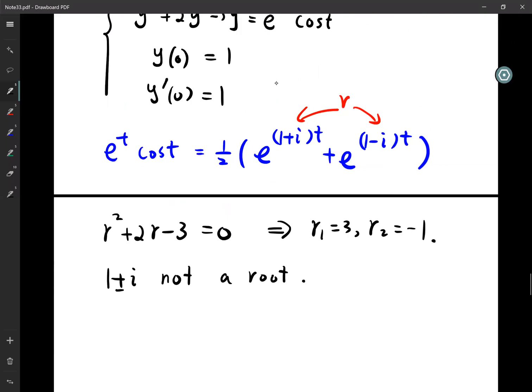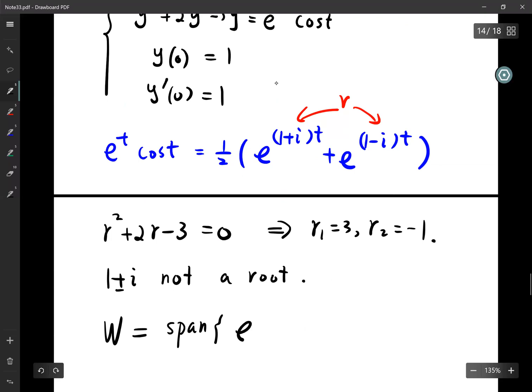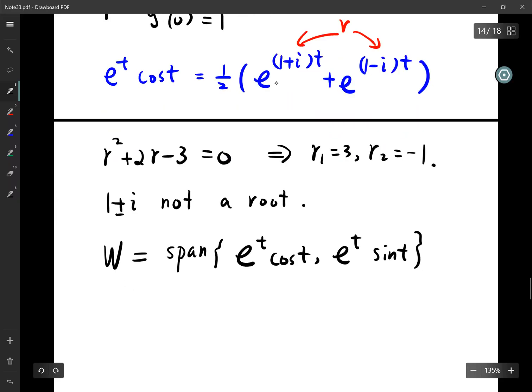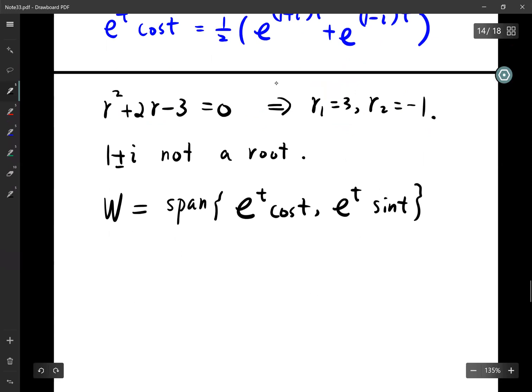I know that the solution W must belong to the space spanned by these two. If I just consider the real parts, then I just have exponential t cosine t and exponential t sine t. So it's a two-dimensional thing.